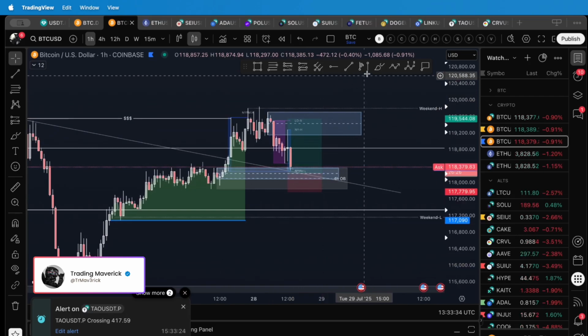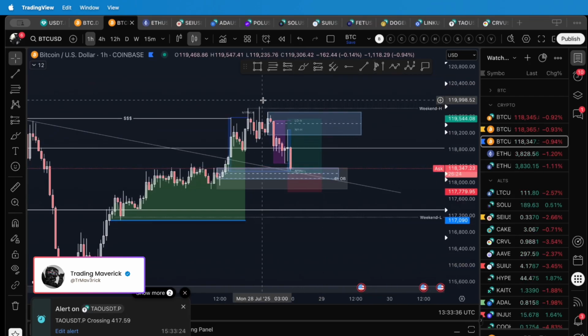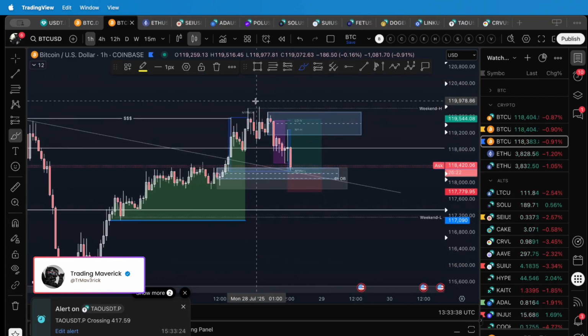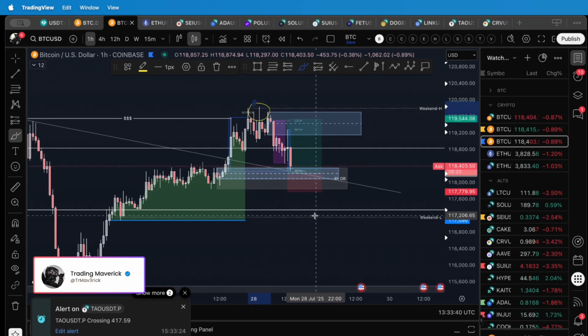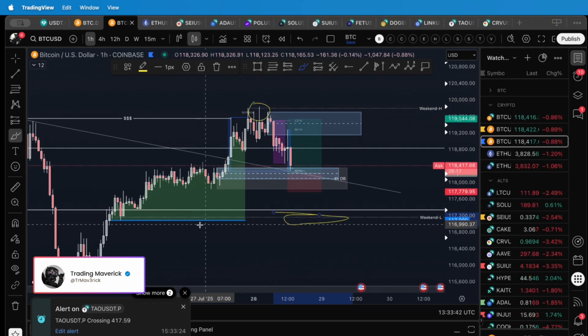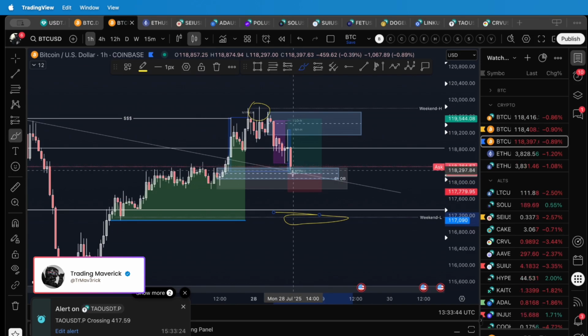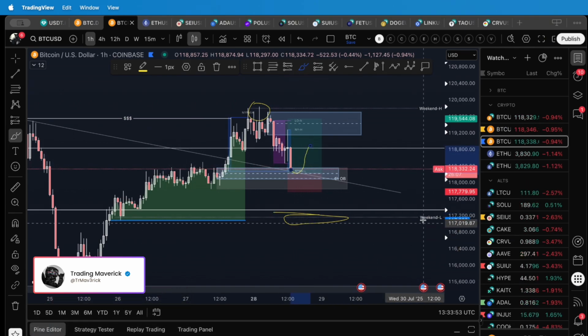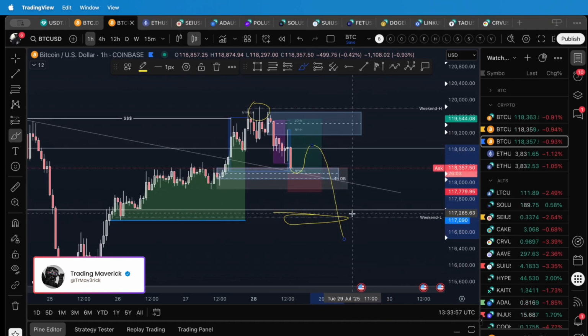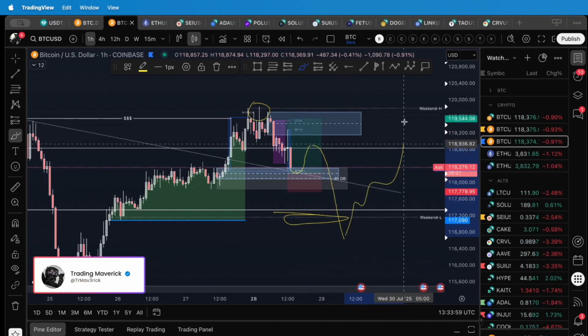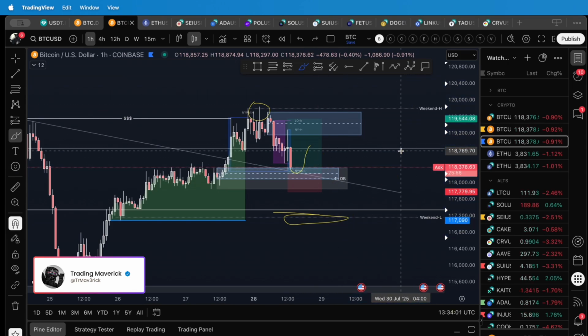So weekend highs were already swept here, and we have weekend lows just at the CME gap. So longing here is not the best play, but I'm just looking for a small bounce, and maybe on FOMC we push down, take out weekend lows, and then I would look for the big leg up.